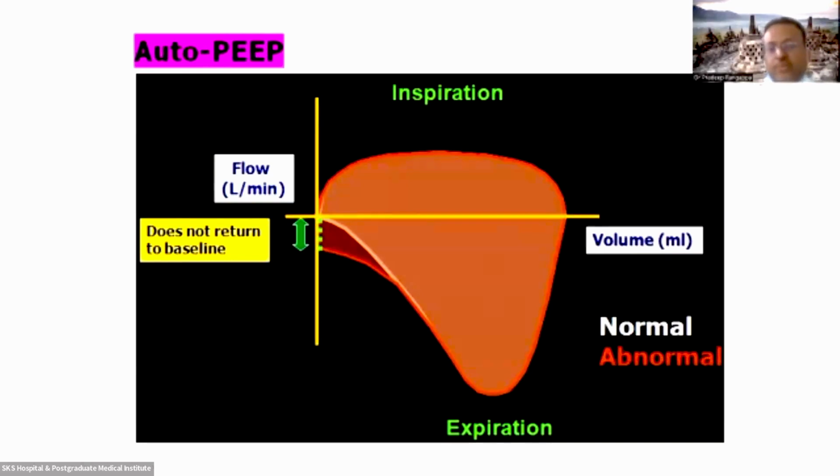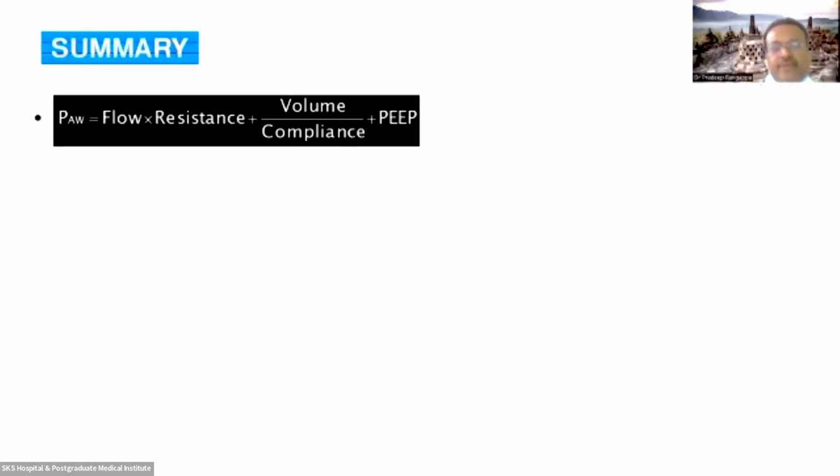And this is the flow volume loop, where you see during expiration, it is not touching the baseline, which is the auto PEEP. So the summary is, in patients who are mechanically ventilated, remember your whole principle of ventilation is governed by the flow of gases, which you can set in a ventilator. Resistance is what is intrinsically determined by the nature of the lung.